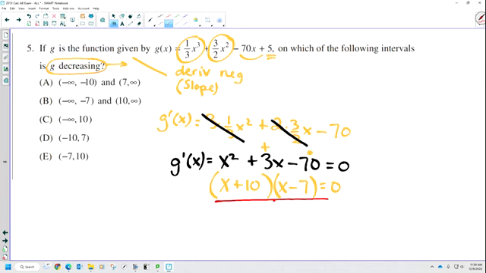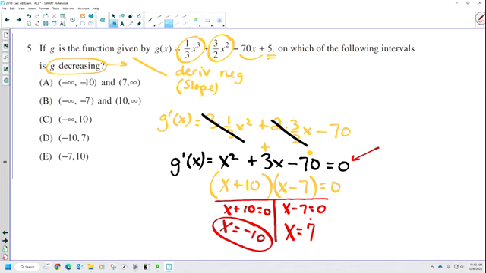If x plus 10 is 0, subtracting 10 from both sides, x is negative 10. That's one of my critical points, a point that makes the first derivative 0. And if I take x minus 7 and set it equal to 0, I add 7 to both sides, and x equals a positive 7. Again, a critical point. It makes my derivative equal to 0.